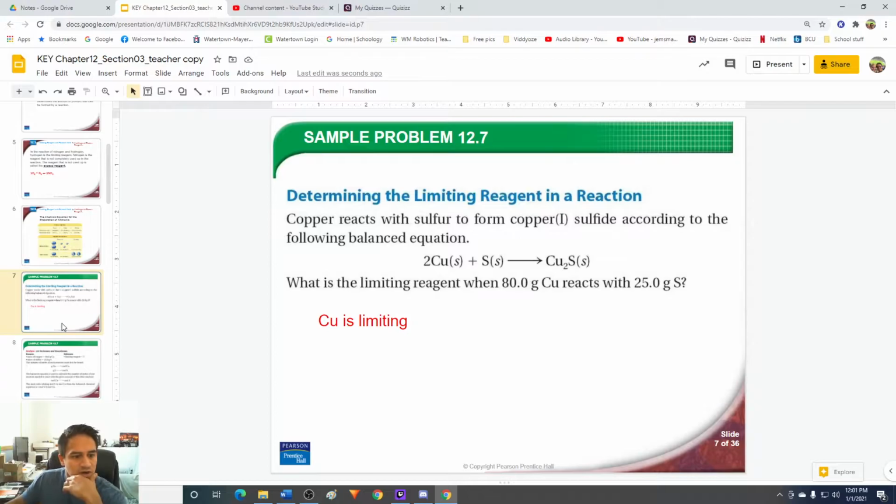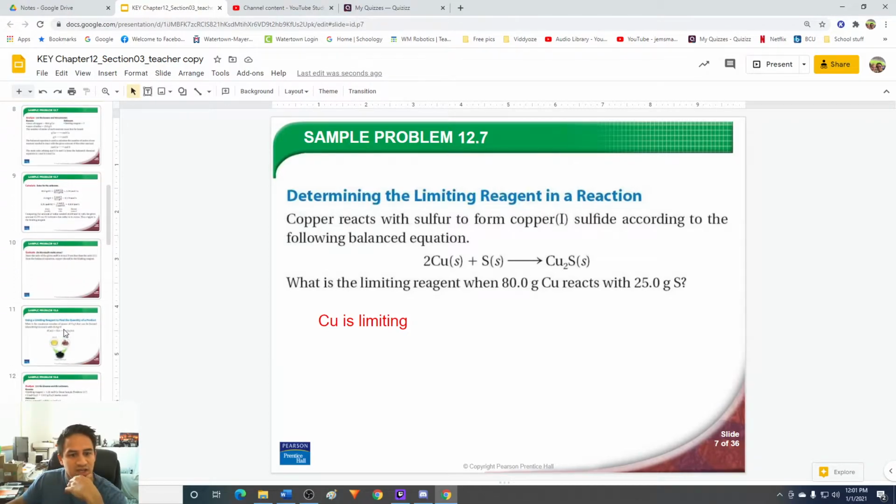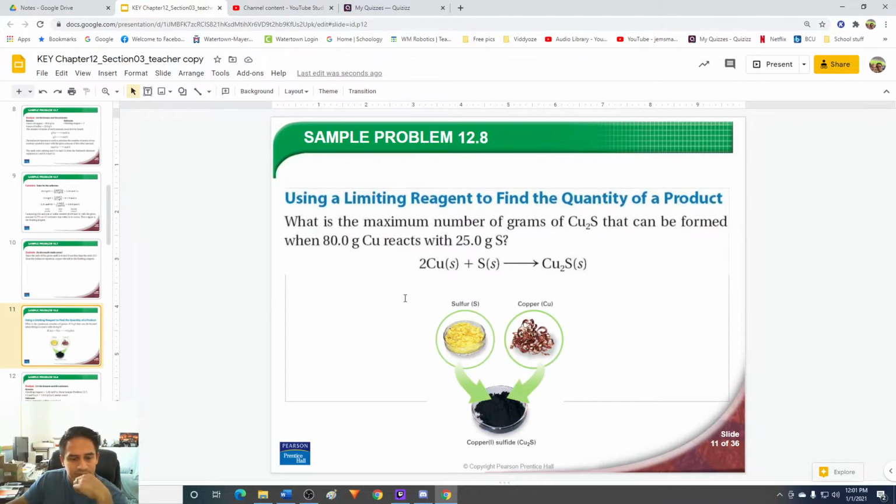Now let's take a look at the next example problem. This question says, using your limiting reagent to find the quantity of product: what is the maximum number of grams of copper 1 sulfide that can be formed when 80 grams of copper reacts with 25 grams of sulfur?